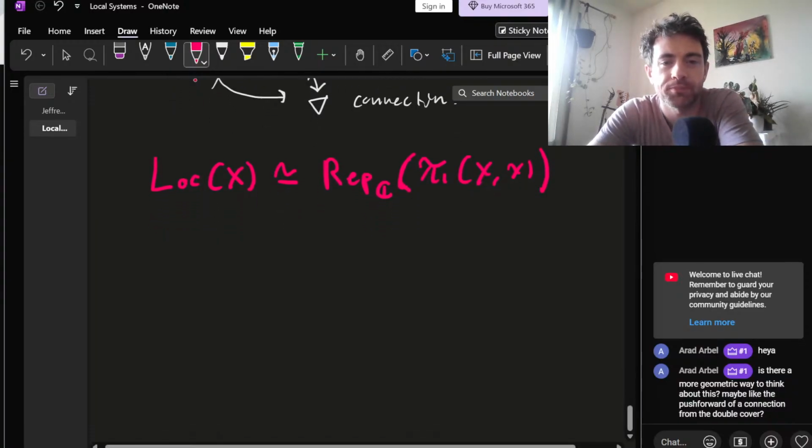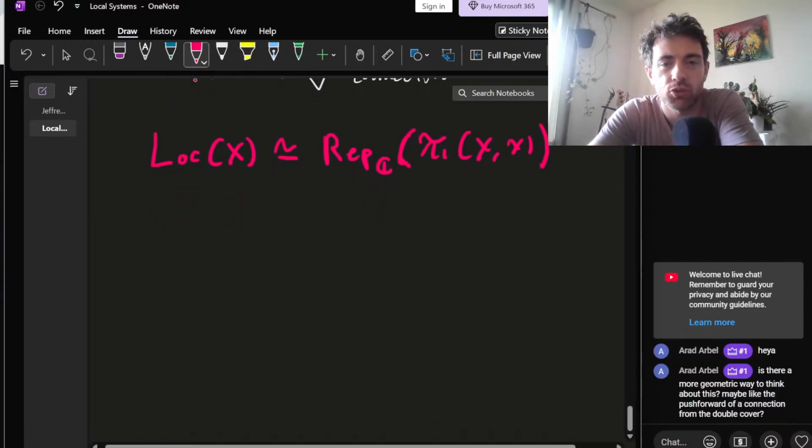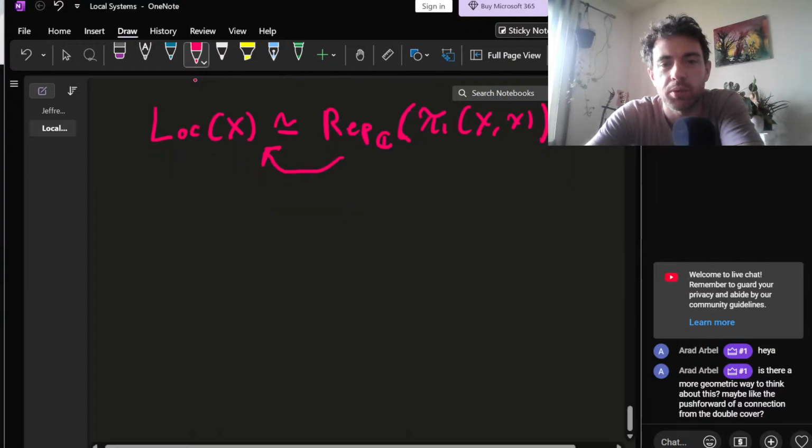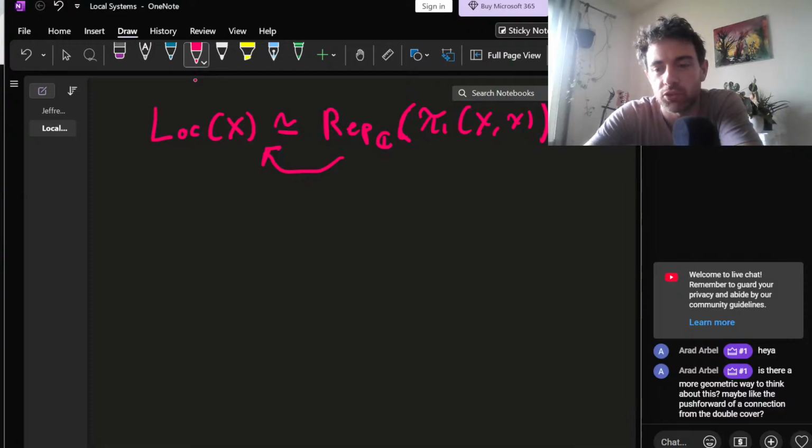So how does this work? Well, the reverse correspondence, going from representations to local systems, kind of sucks. It's explicit. You can write it down. It's in Chriss–Ginzburg, for example. But the correspondence from local systems to representations is a little bit easier, in my opinion.